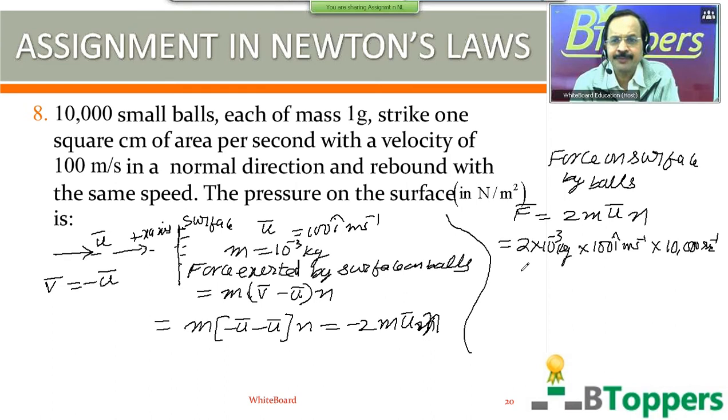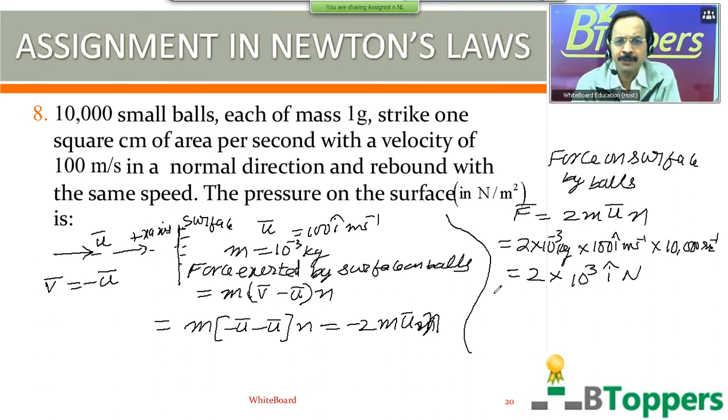If you simplify this, you get 2 into 10 power minus 3 into 10 power 4 into 10 square, that is 10 power 6, 10 cube. So 2 into 10 cube i cap Newton. It acts in the positive direction of the x-axis, that means towards the surface. This is the force on the surface.